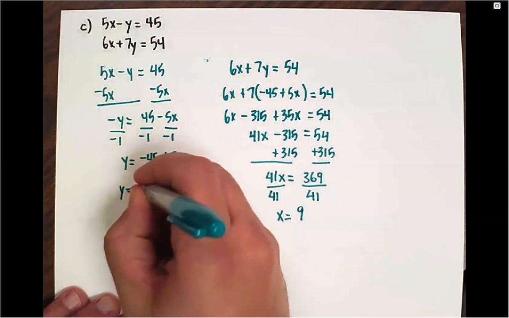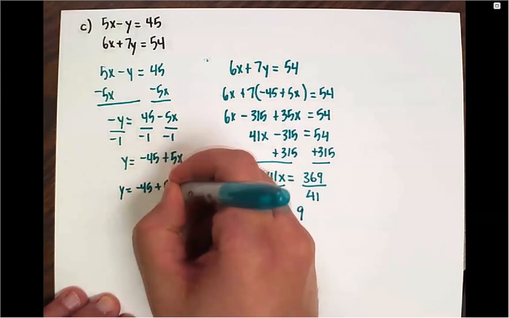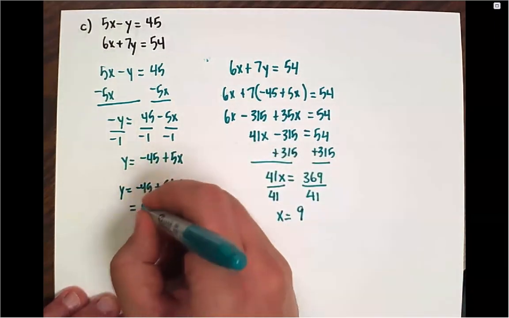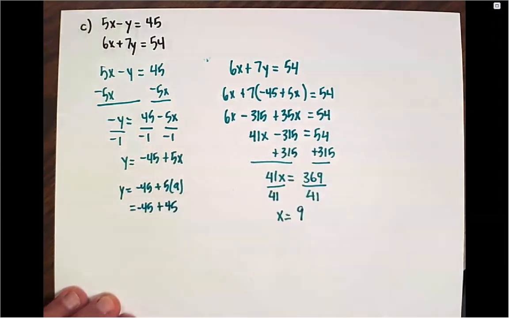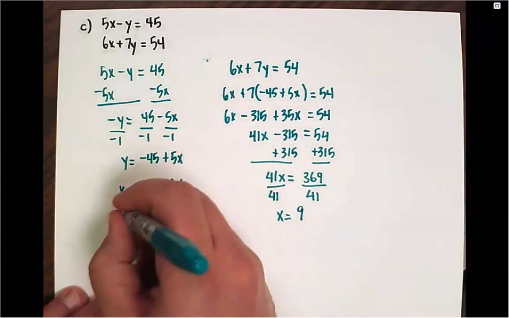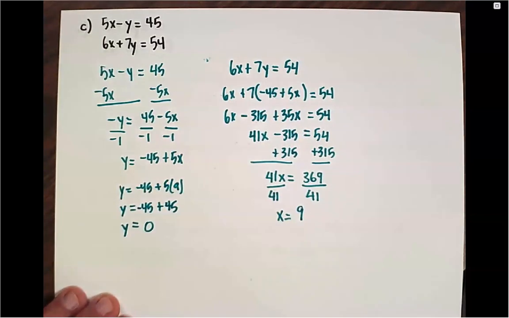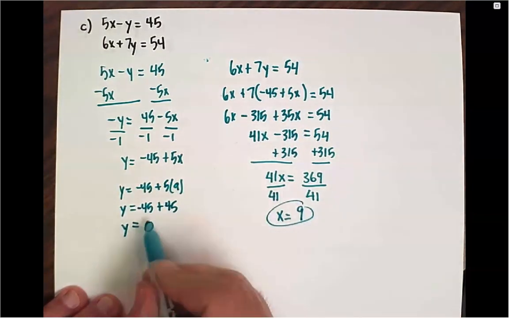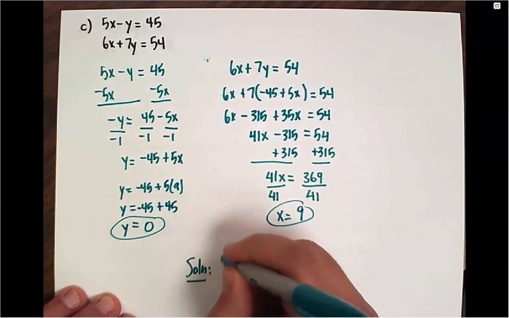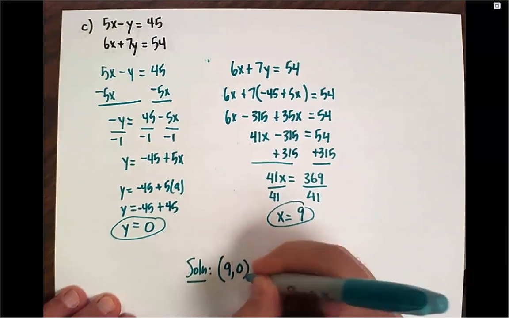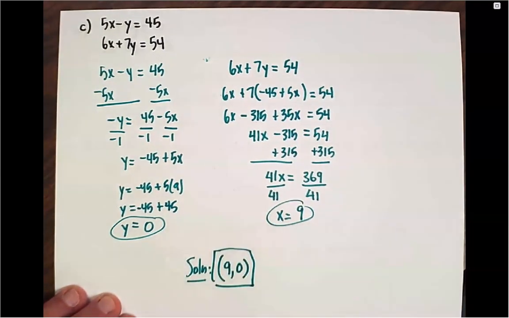Well, y is negative 45 plus 5 times 9, which is positive 45. And negative 45 plus 45 is 0. So x is 9 and y is 0. So my solution is the ordered pair 9, 0.